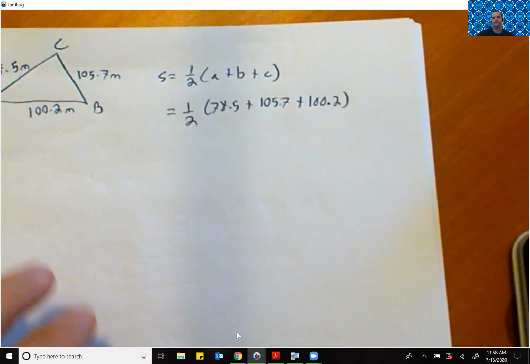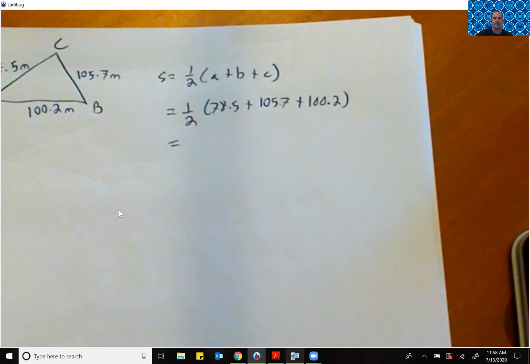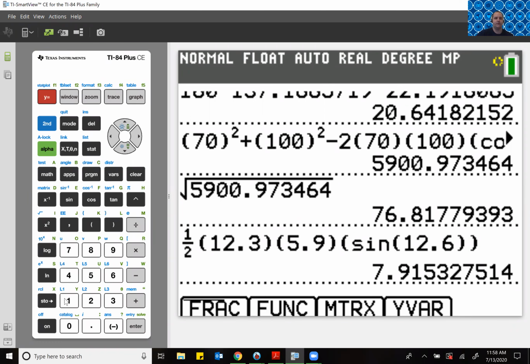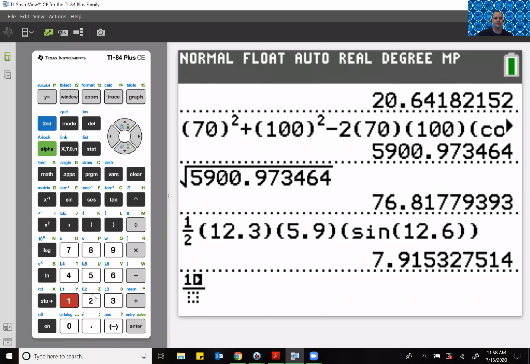No rounding, not on this one, because we have to have that number. So 1/2 parenthesis 78.5 plus 105.7 plus 100.2.